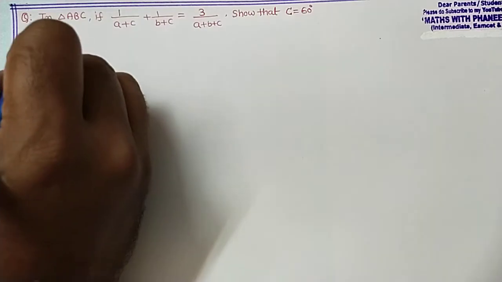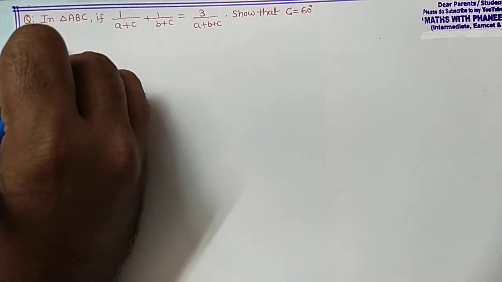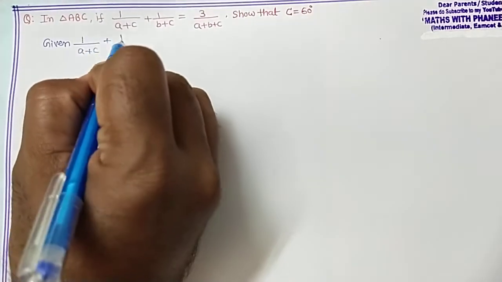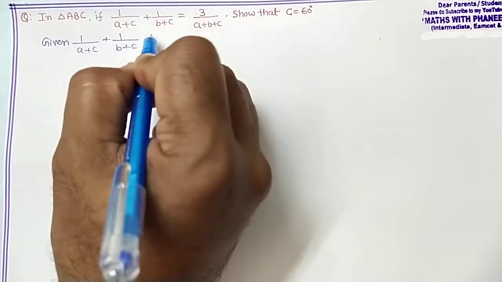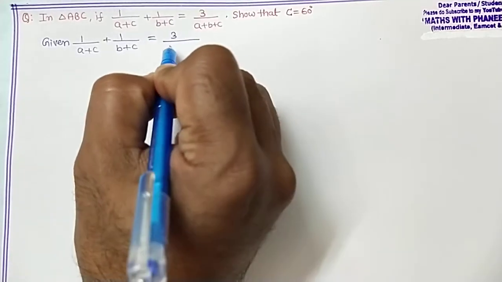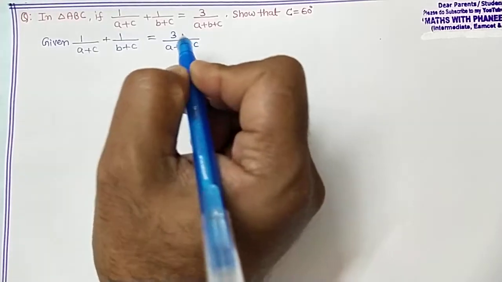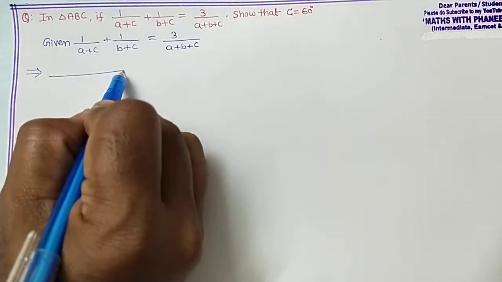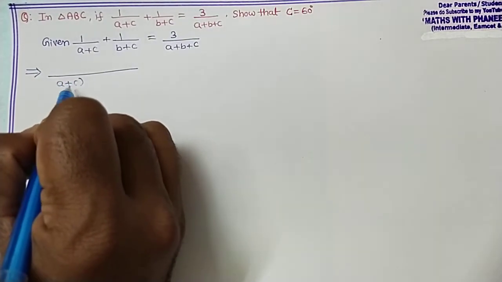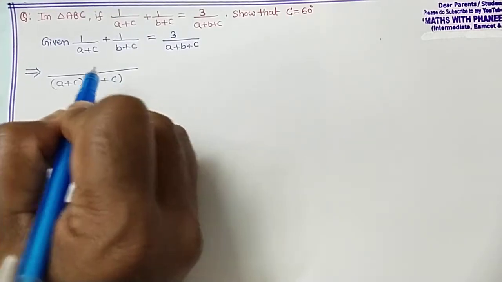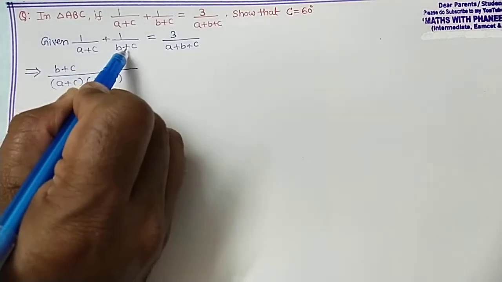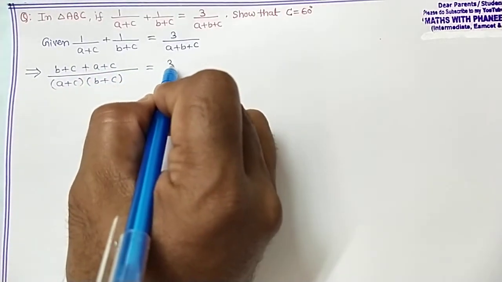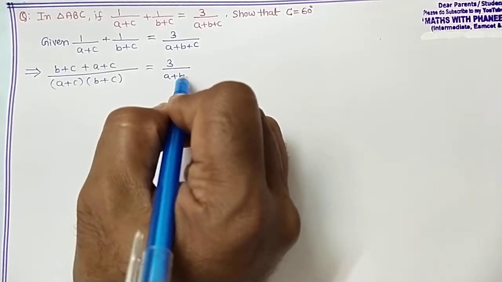Let the given condition be 1 by (a plus c) plus 1 by (b plus c) equal to 3 by (a plus b plus c). See, after that, take LCM. Here LCM is (a plus c) into (b plus c). So here (b plus c) into 1 plus (a plus c) into 1, which is equal to 3 by (a plus b plus c).